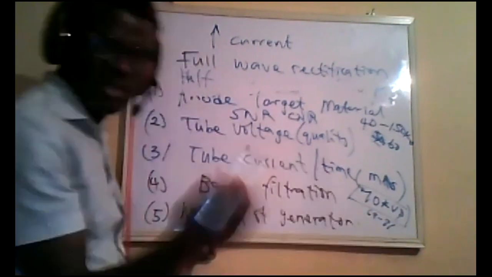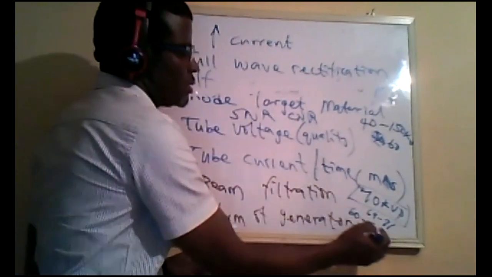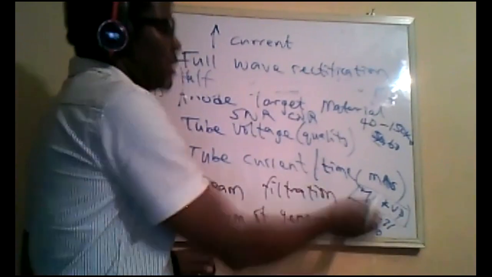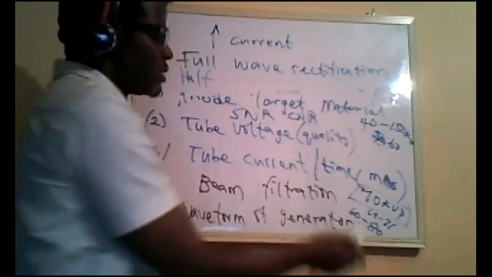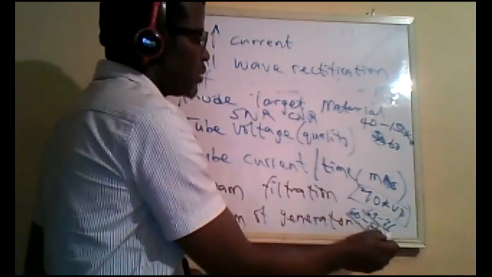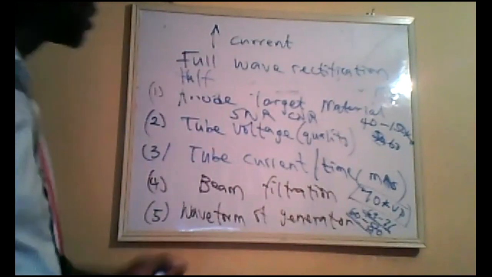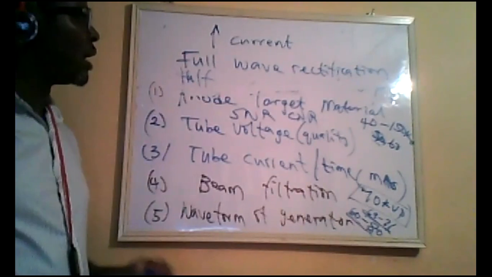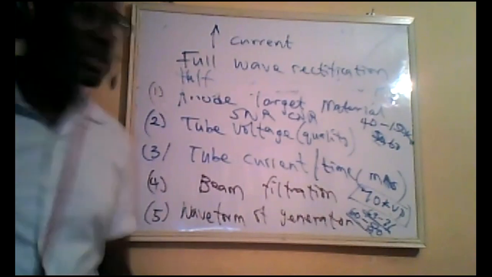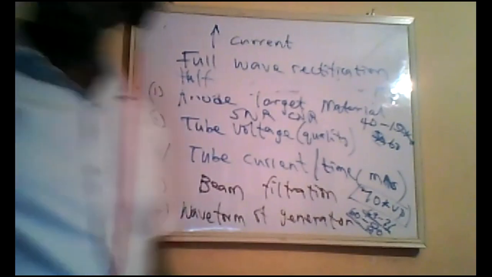But if it's not fully rectified, you might have it from maybe 60 to 80. You can see that you have selected 70, but at the end of the day, you're having close to 60 to 80. The 70 is still the average. So you see that this one is not too efficient, but the other one is very, very accurate, very, very precise to what we actually set. So these things, among other factors, are responsible for the X-ray emission and the factors that actually affect X-ray emission.